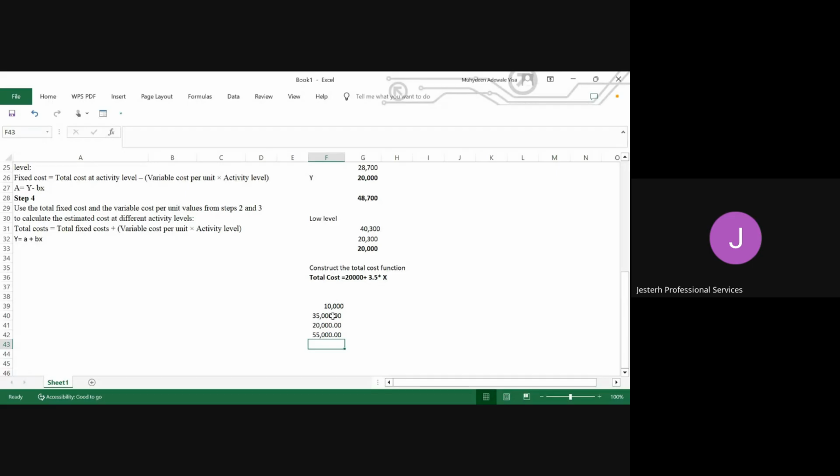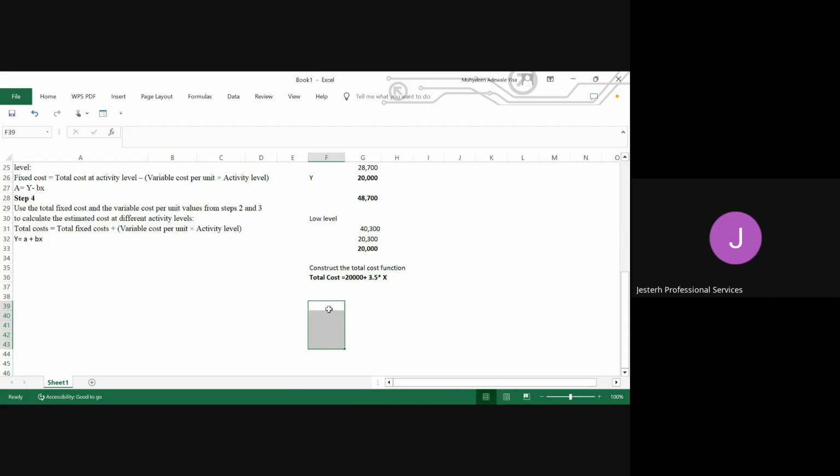The fixed cost still remains constant here. The only thing that is affected is the variable cost in total. The variable cost per unit still remains constant as well. As our level of activities increases, we multiply with our variable cost per unit.